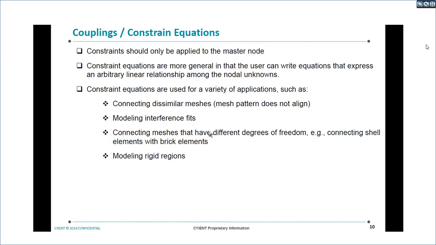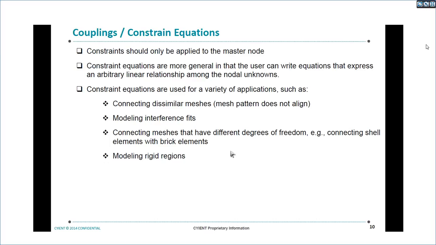Constraint equations are used for a variety of applications. We can use them for connecting dissimilar meshes, modeling interference fits, and connecting meshes that have different degrees of freedom. As you know, a solid element has 3 degrees of freedom, while a shell element has 6 degrees of freedom.